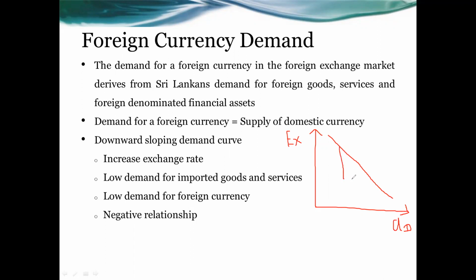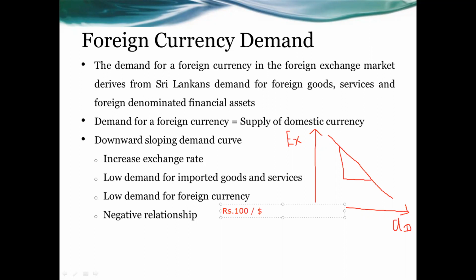Now, the reason for this downward slope is, assuming that the exchange rate increases. For example, assume we have an exchange rate of rupees 100 per dollar.